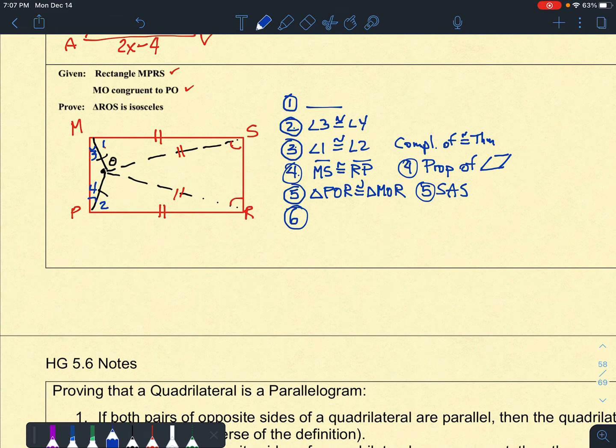Finally, line 6, SO is congruent to RO by our famous CPCTC. And line 7, we're there, I think. Triangle ROS is isosceles.